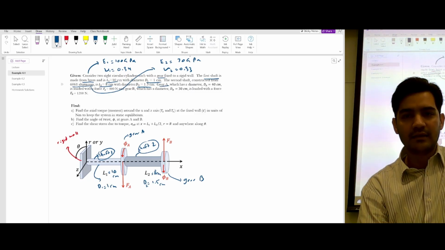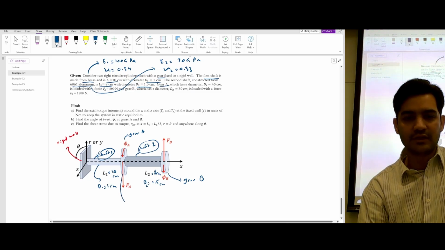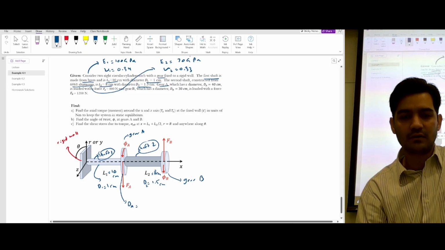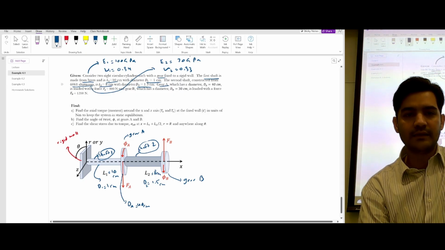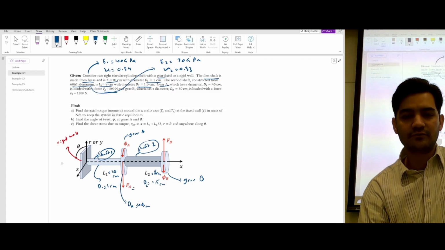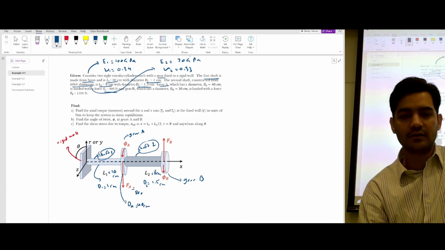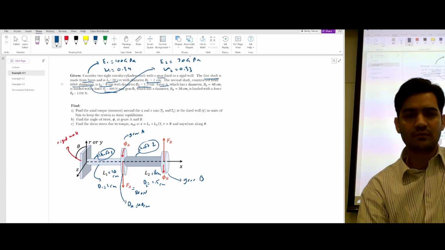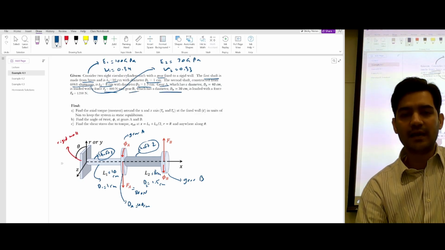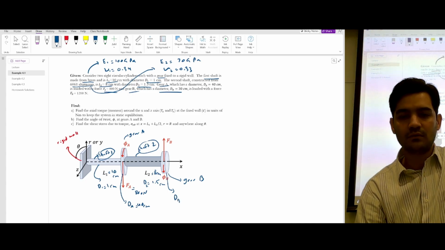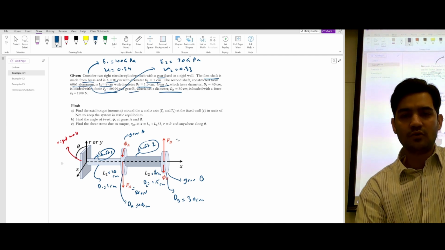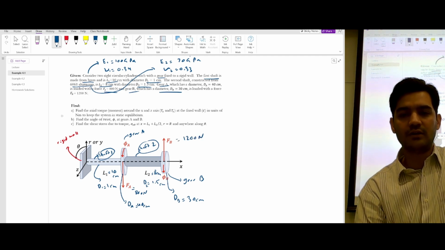Gear A has a diameter of 40 centimeters and is loaded with a force of 800 Newton. Gear B has a diameter of 30 centimeters and is loaded with a force of 1200 Newton.